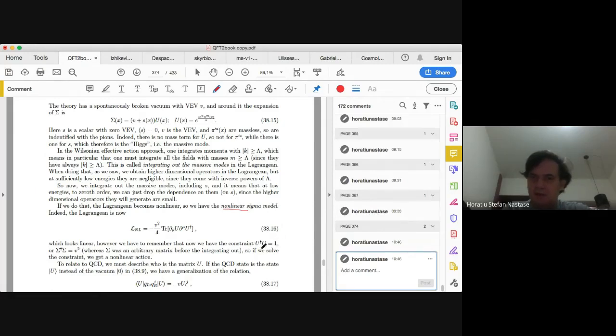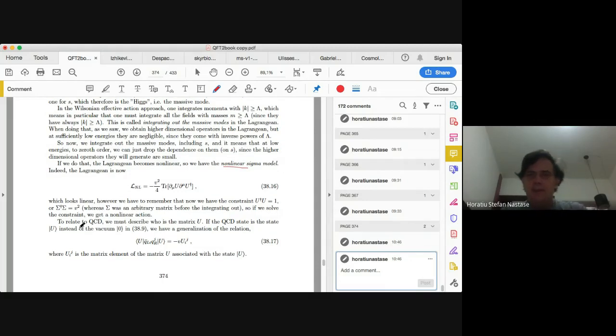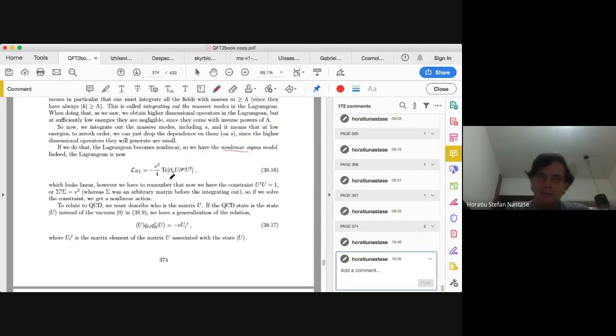That's a constraint. So U is not an independent field, but a field that obeys a constraint. Or in terms of the original sigma, sigma dagger sigma is V squared. So it's linear in terms of a field that obeys a constraint, but once we solve that constraint, the Lagrangian is nonlinear.